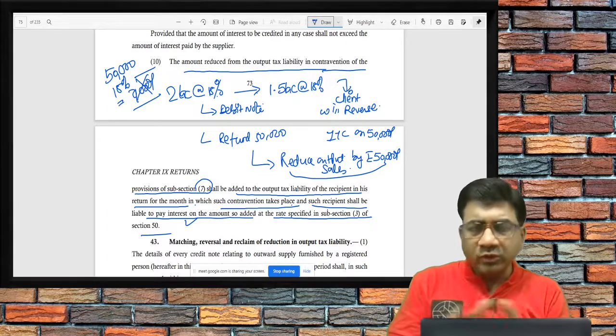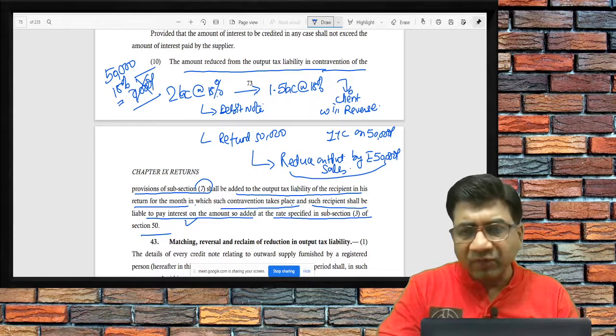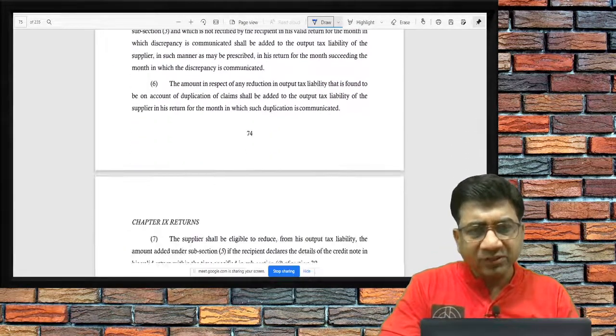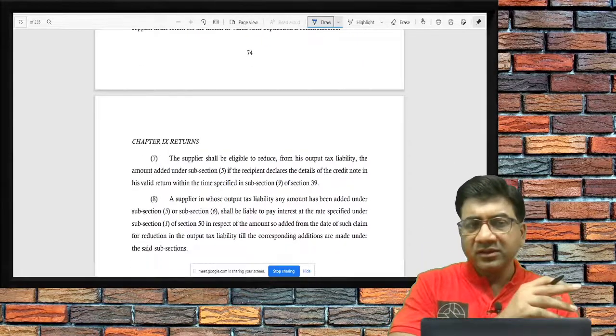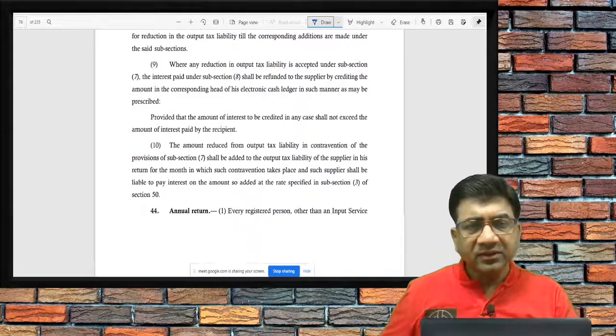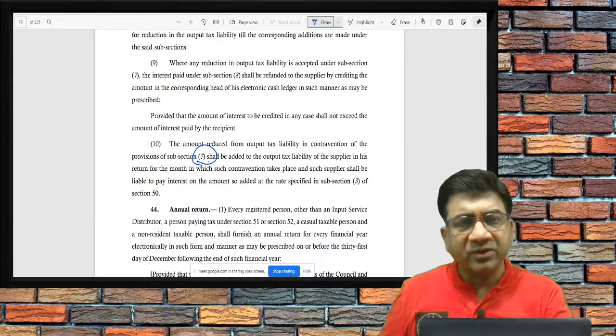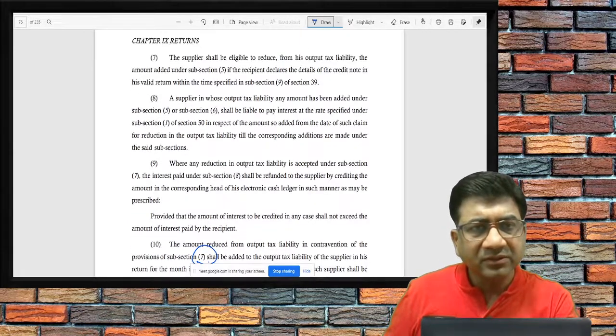So don't go into the nitty-gritties. And what does 43(10) say? 43(10) says there are two contraventions, 42(10) and 43(10), amount reduced. And there again subsection 7. Now what is this subsection 7?